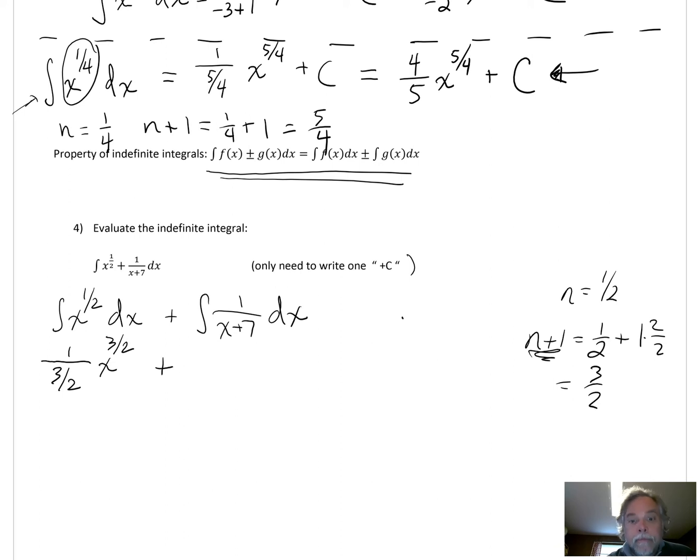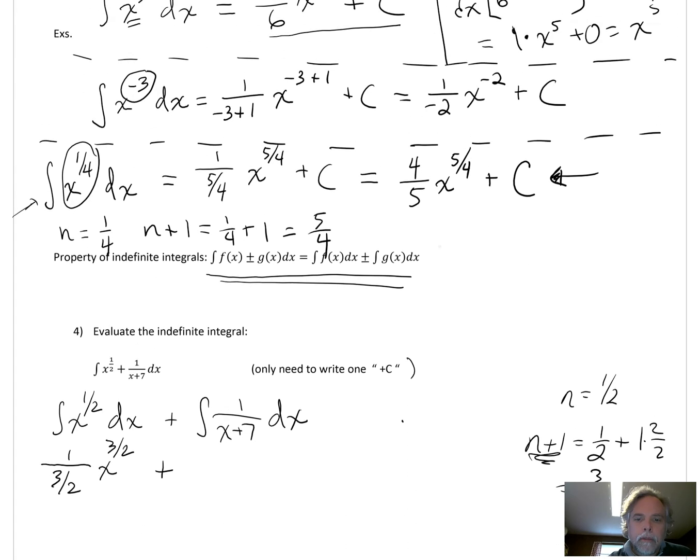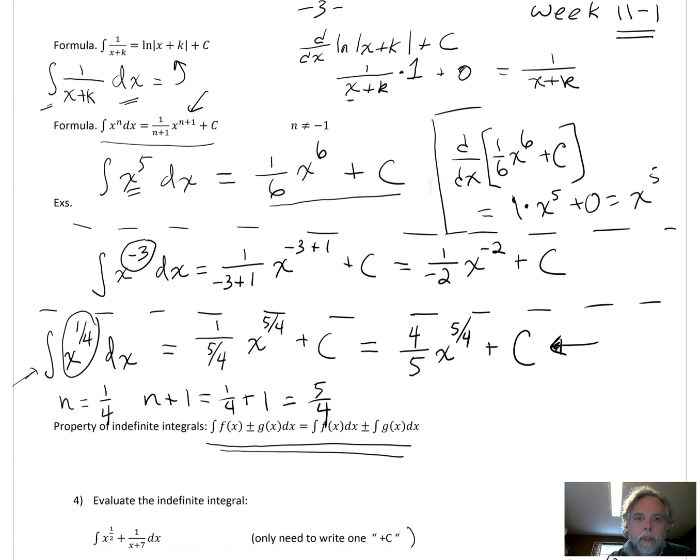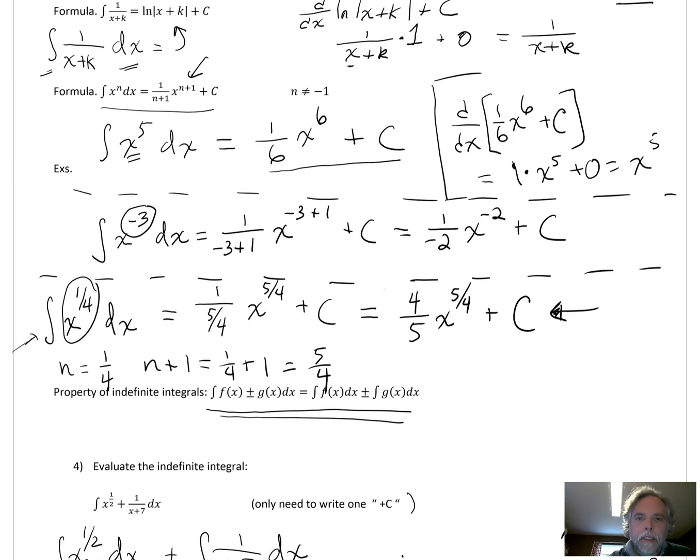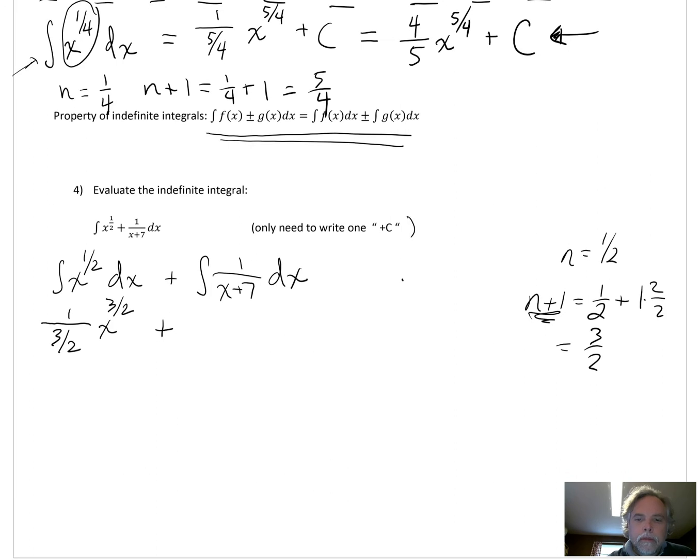plus, now this integral is the very first formula, the tippy top of the page. The integral of 1 over x plus k is the natural log of the absolute value of x plus k, in this case 7, and then plus c at the end. We don't need separate plus c's.